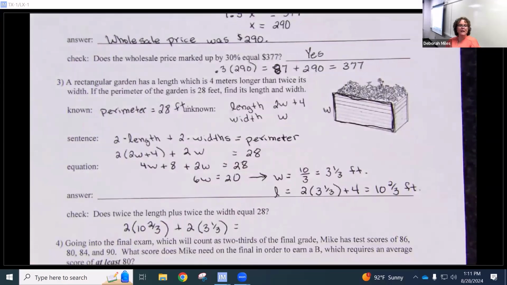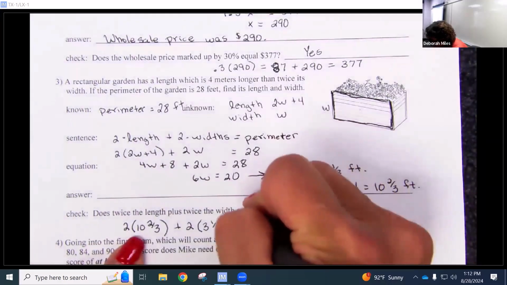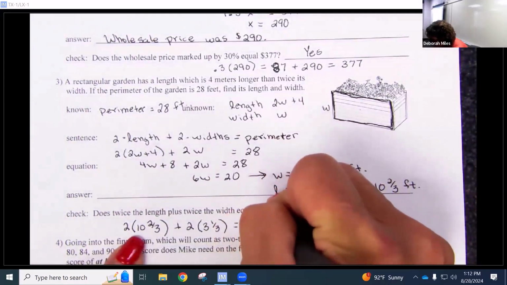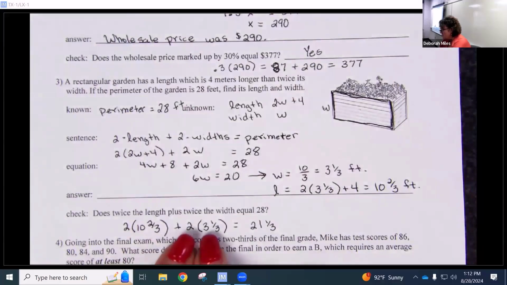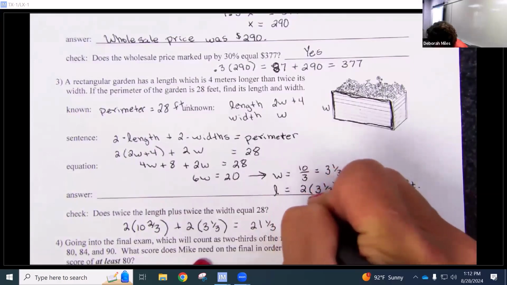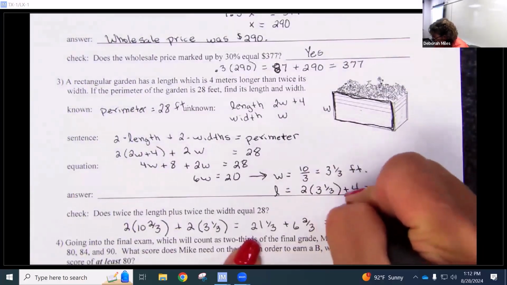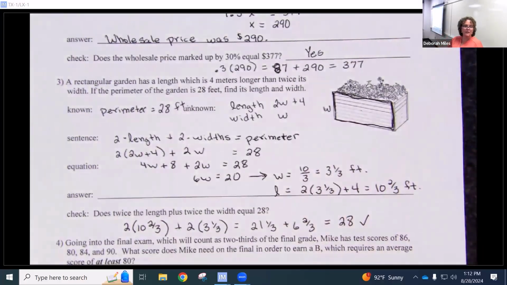I'm just going to punch it on my calculator and see if it's 28. I know that would be 21 and, let's see, 20 4/3, 21 1/3. This would be 6 2/3. And sure enough, if I add those, that is 28. So it would take me a minute to check that on the calculator, but it does check.